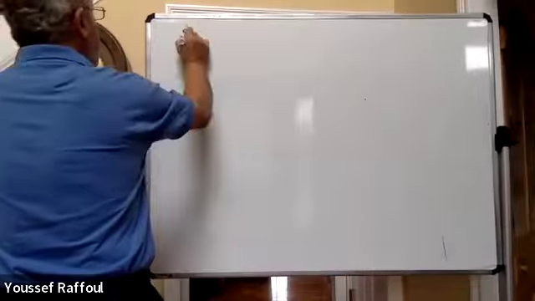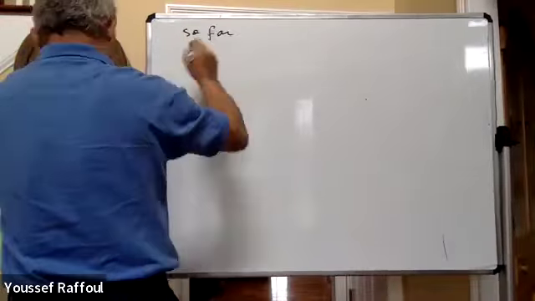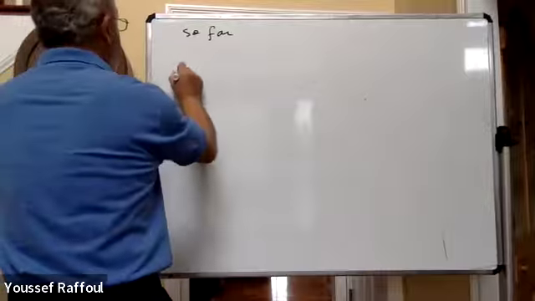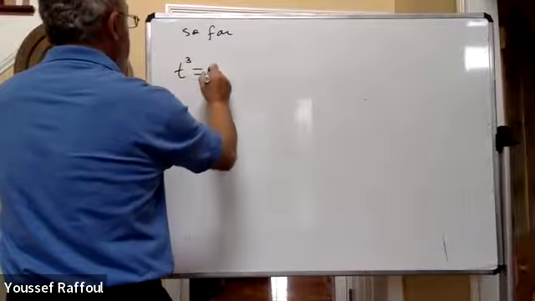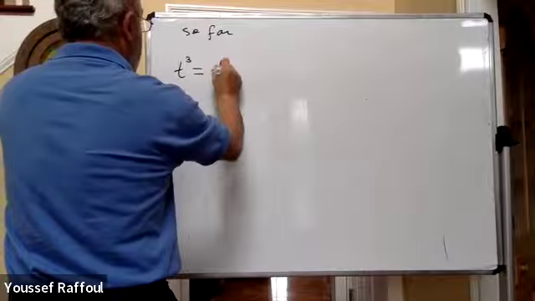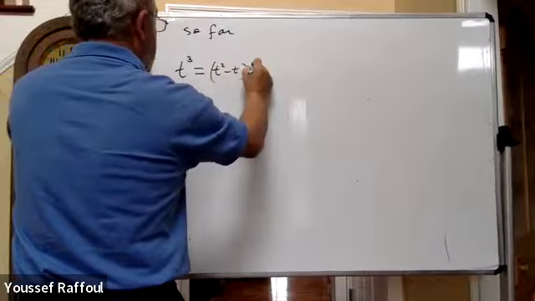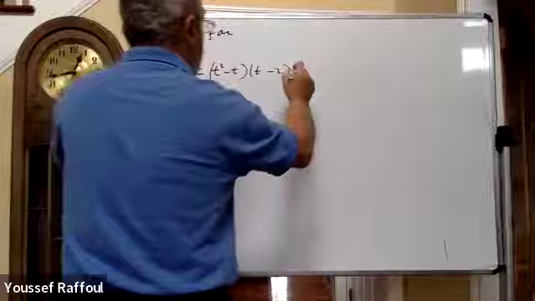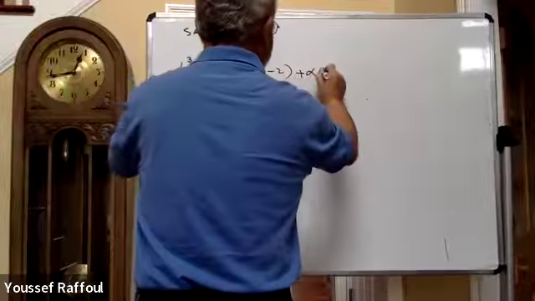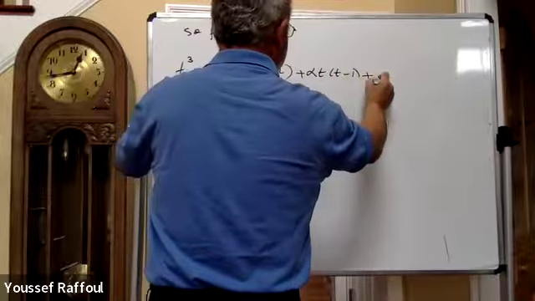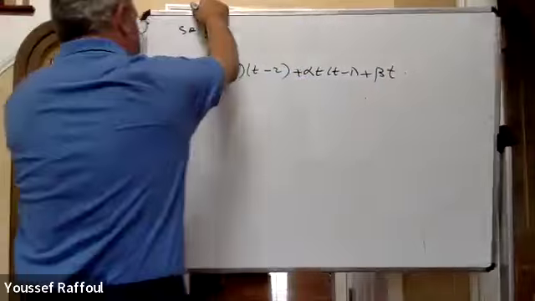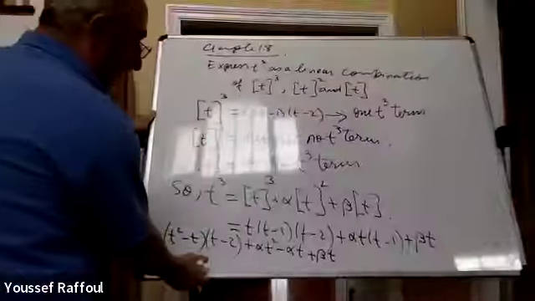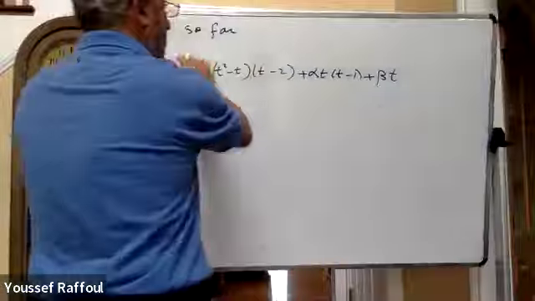So far, I have t cubed equal to t squared minus t times t minus 2 plus alpha t times t minus 1 plus beta t, or alpha t squared minus alpha t.